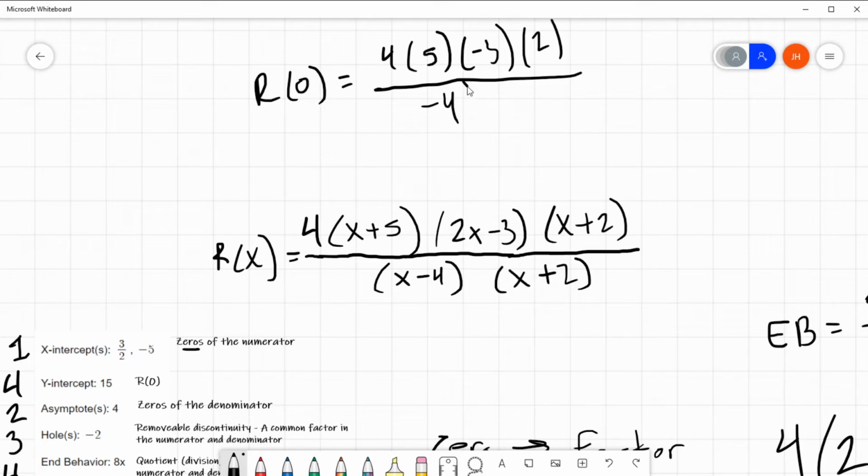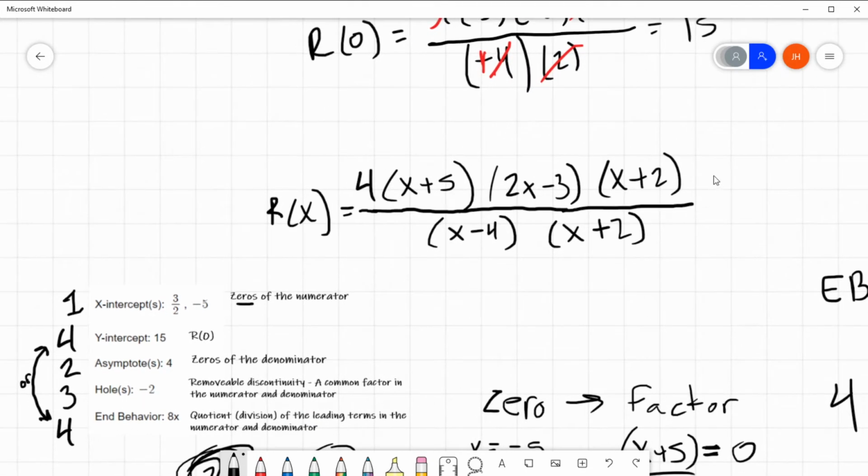And 0 plus 2 is 2. All right, let's do this division out here. 2 divided by 2 cancels. 4 divided by 4 will cancel, but I'll still have the negative. But these negatives would cancel each other out, wouldn't they? So I'd be left with 5 times 3, that's 15. Oh look, it's the y-intercept. So this right here should be my function.